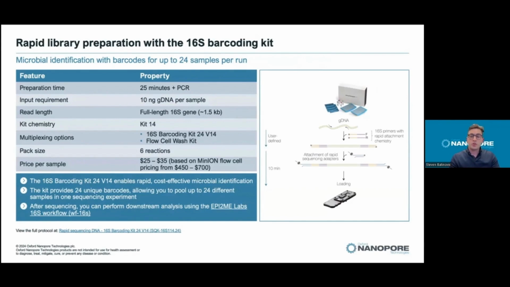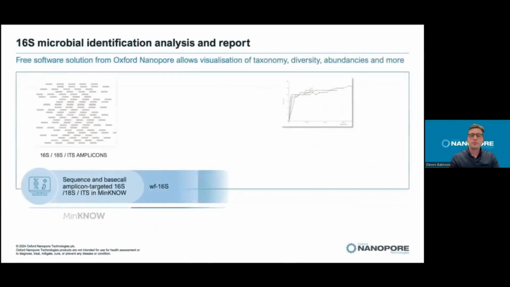After amplicon normalization and pooling, rapid attachment tags, which are present on those 16S primers, subsequently allow for rapid attachment of the nanopore sequencing adapters, including that all-important motor protein shown in purple. The library is then directly loaded onto a flow cell for sequencing up to 72 hours. And similar to the bacterial whole genome sequencing, the run can be stopped at any time once enough data has been generated.